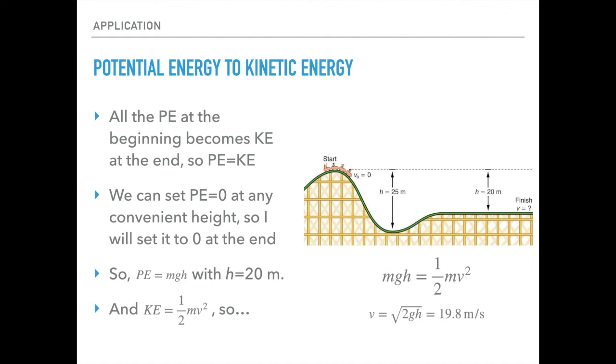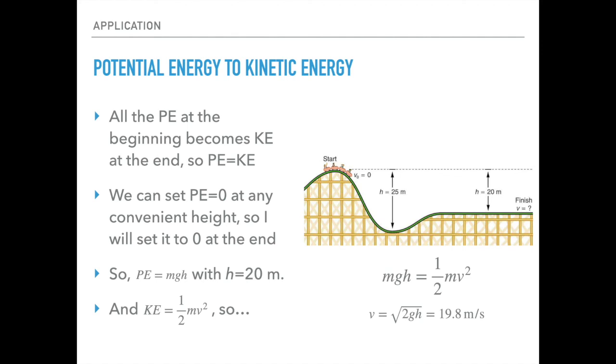When you do gravitational potential energy problems, you always have to pick the point that you're going to call your potential energy 0, which is the same as saying where you're picking your height equals 0. Since we're skipping that intermediate point, we can just call our height 0 at the end, and say that at the end we have only kinetic energy because the height is 0. The gravitational potential energy will be 0.